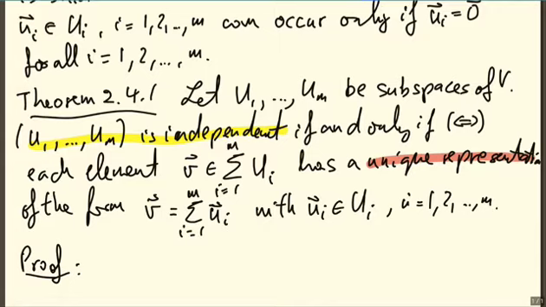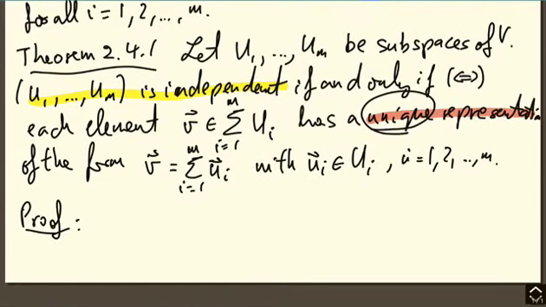The existence of the representation is not in question, since the definition of the sum of the Ui's is the sum of all vectors. So if a vector v is in the sum, that means it does have this kind of representation. The question is really the uniqueness, whether it's unique or not. So we have to prove both directions of the implications for the equivalence.